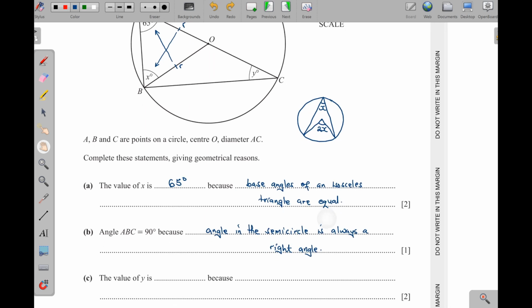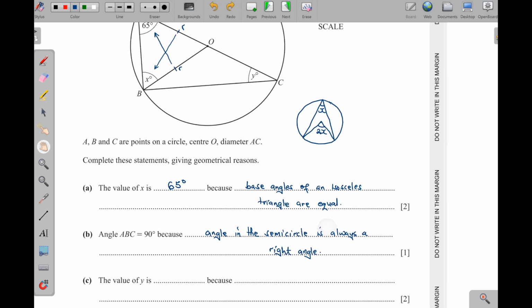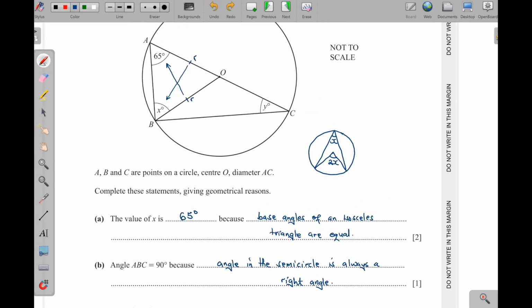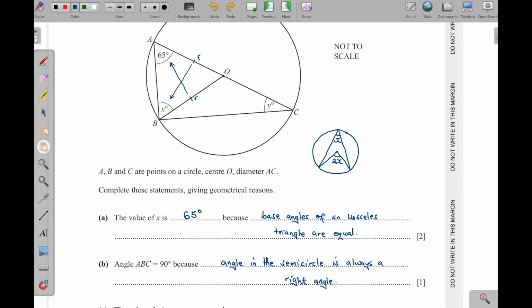Then part C, the value of y is dash because of dash. Now, what do we have here? I can look at this triangle here. That triangle, already this one is 90 degrees. And you know that angle sum of a triangle is what? 180. So that means this angle here and this 65 must give us another 90, such that when we add it on this 90, we get 180.